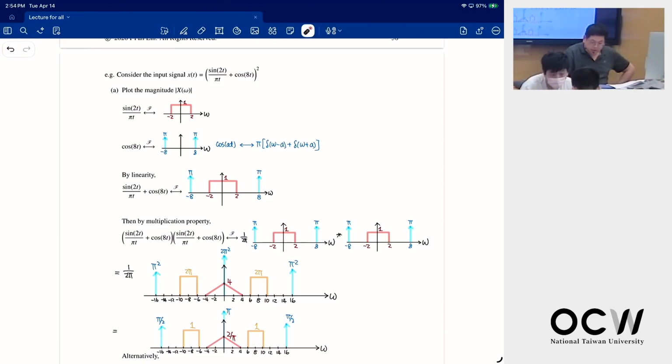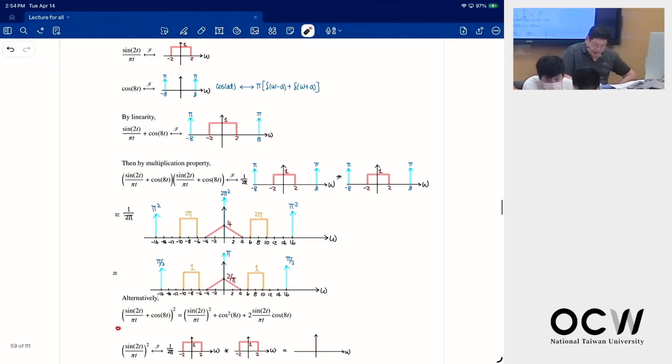The other way, you can just take the square out, really do the square, and then you do the Fourier transform by terms, which means that in this square, there will be the sinc function square and the cross term, and then cosine square, and you do the Fourier transform on each.